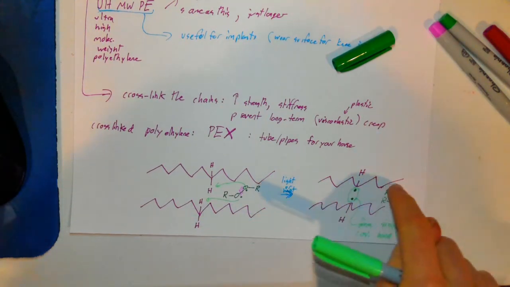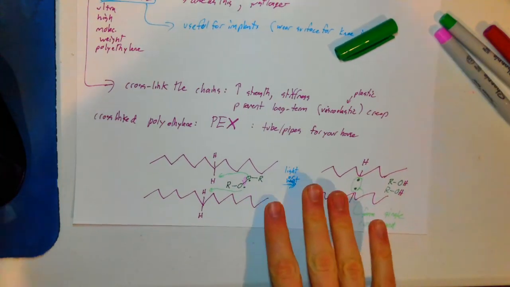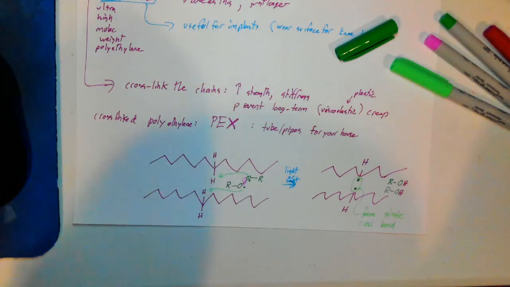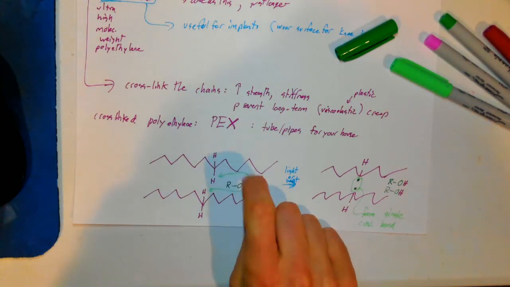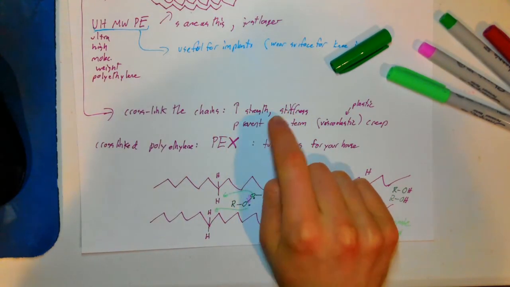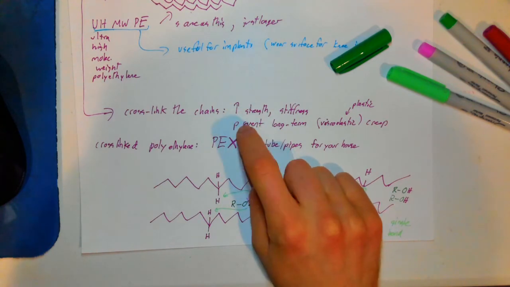So you get covalent bonds not only along the chains, but across the chains as well. And that's what gives PEX these incredible mechanical properties. You form these crosslinks, you increase the strength and stiffness even beyond what polyethylene has normally.